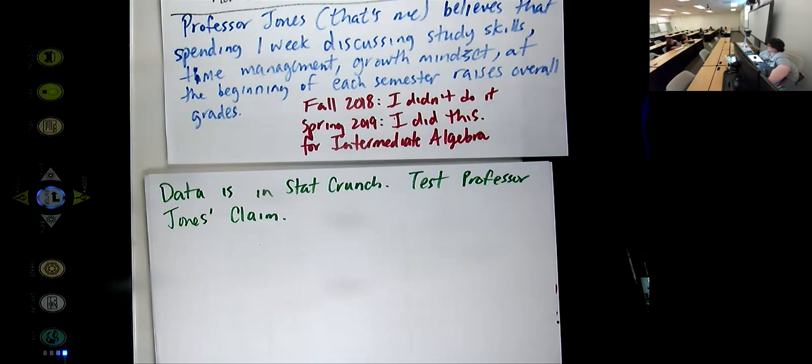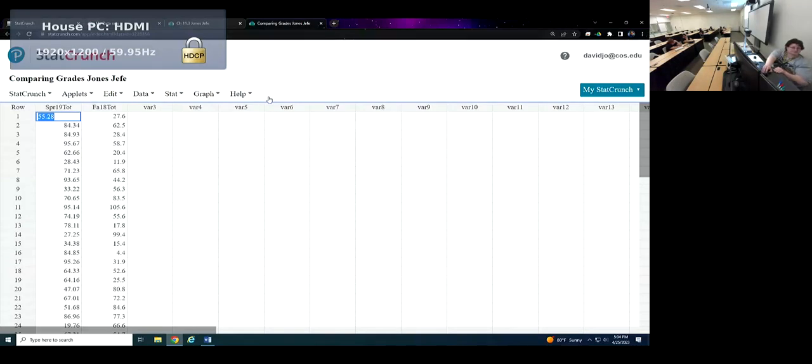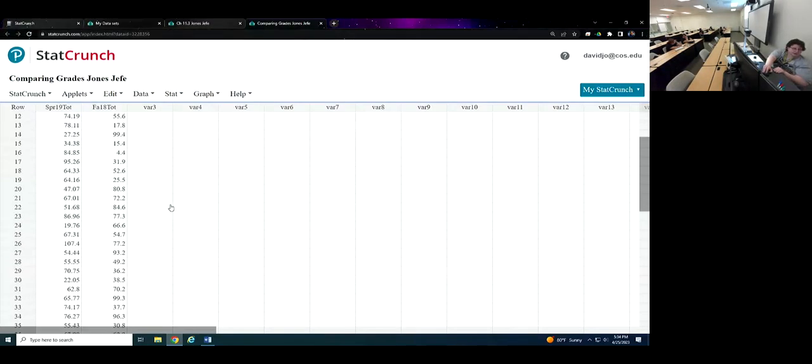Go take a look at it. You guys ready? I had 36 students in one class and 48 in the other. This is their final overall grade, not their grades on their final exams, the overall final grade.